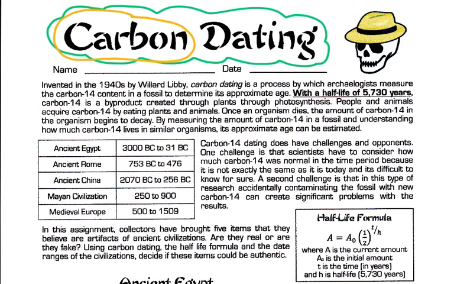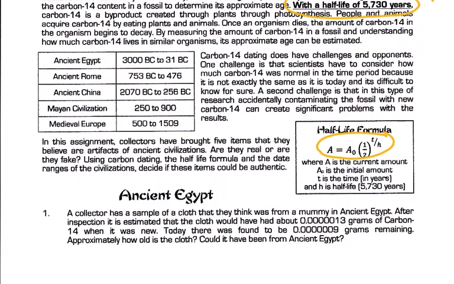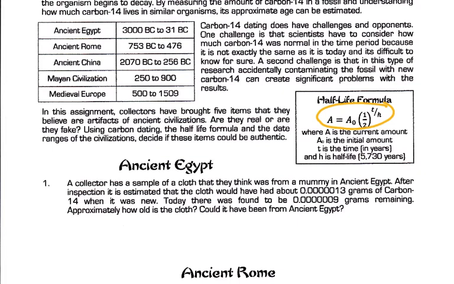So we can determine, if we already know here the half-life of carbon. Look at that. They already gave us H. Based on that and our new formula, we can actually carbon date a lot of these fossils here, like a cloth, like a shield, like a sword, like a dress, and try to figure out, if we know how long the half-life is, can we figure out where it comes from on our timeline.